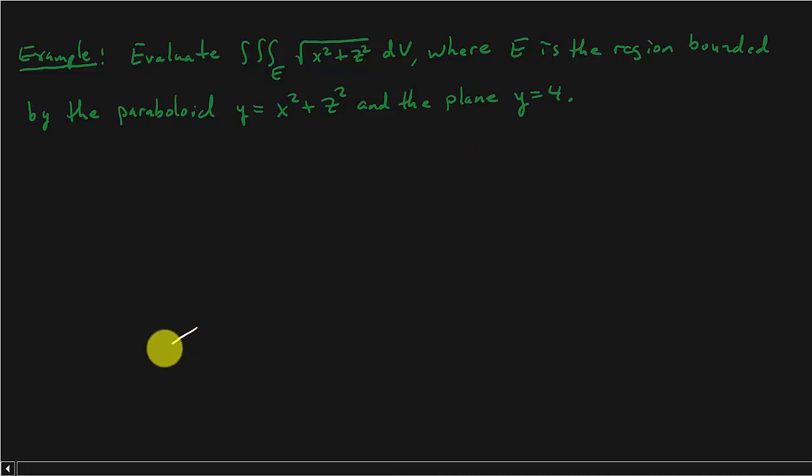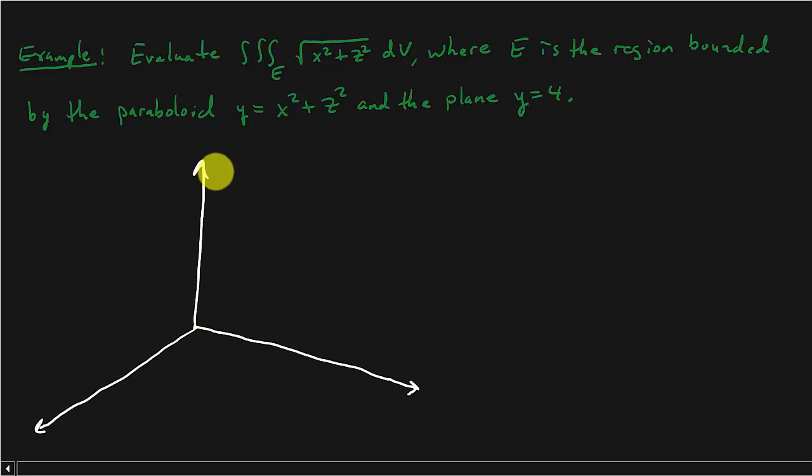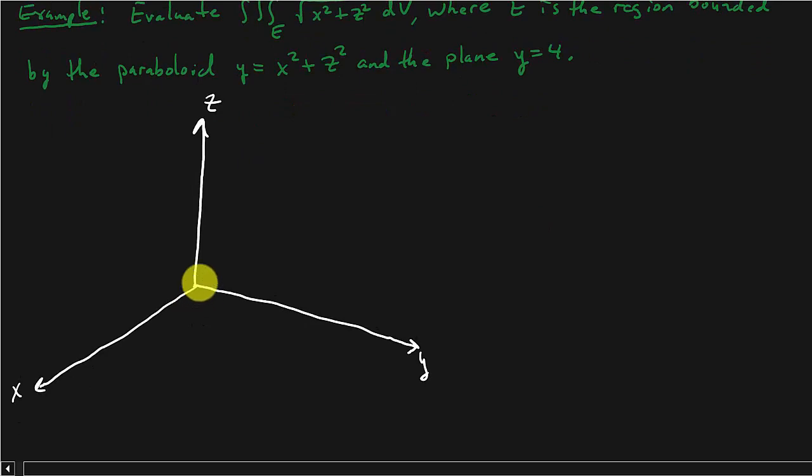All right, so there's x, y, and z. And I'm going to graph this paraboloid here, y equals x squared plus z squared. So that's going to be something like this.